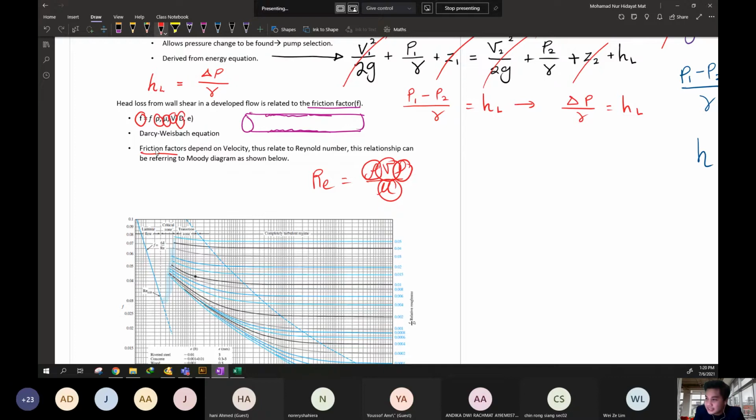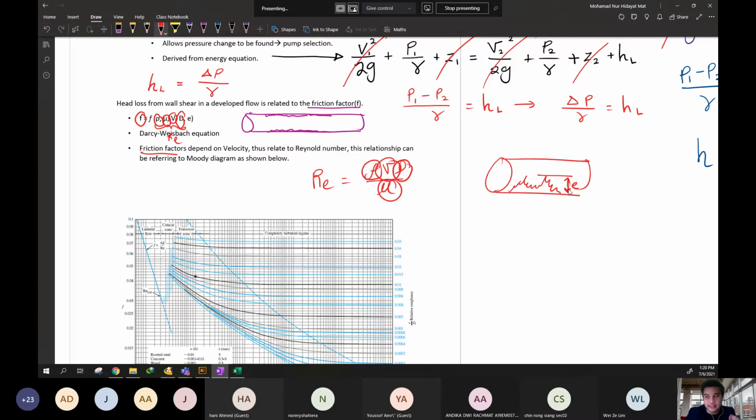So rho, mu, V, d make up the Reynolds number. And this is the roughness height. This is the pipe, and we have the roughness. From here we call it E.